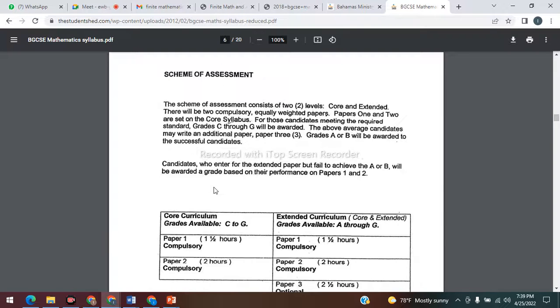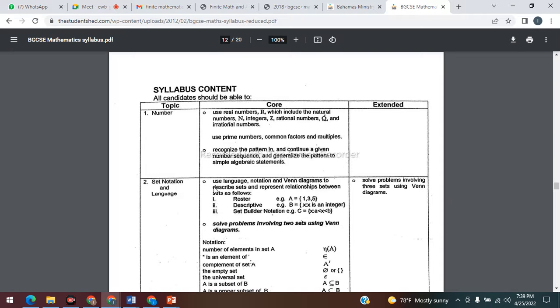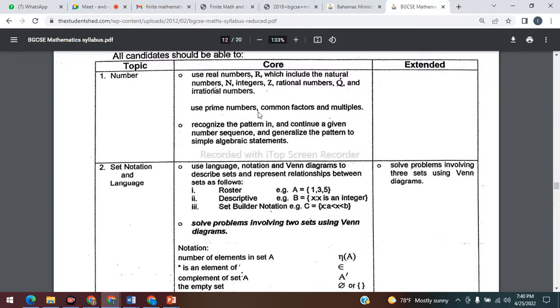For the syllabus, they separated two categories: the core stuff and the extended stuff. The first thing you really need to know is types of numbers: real numbers, integers, rational, irrational. We did that in this class, I hope you remember. Prime numbers, common factors, multiples, and sequences, like patterns.